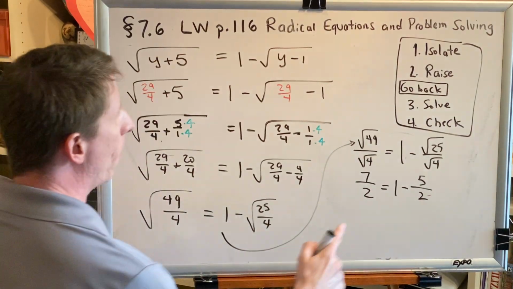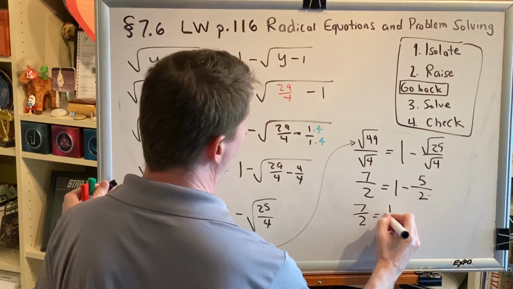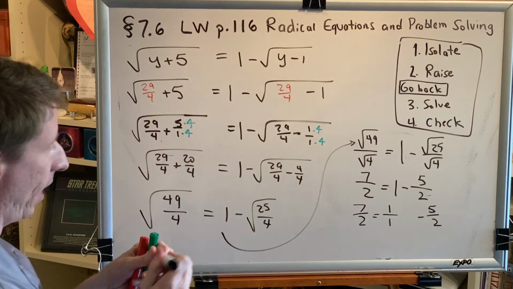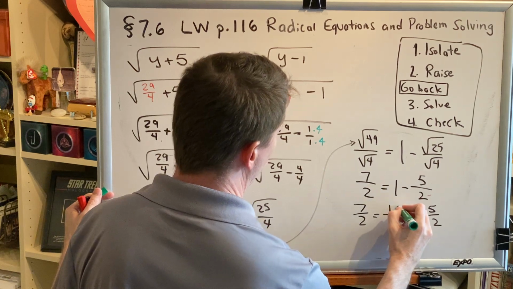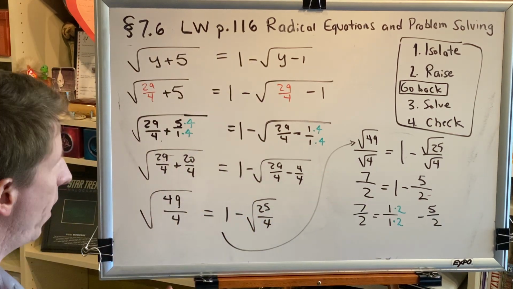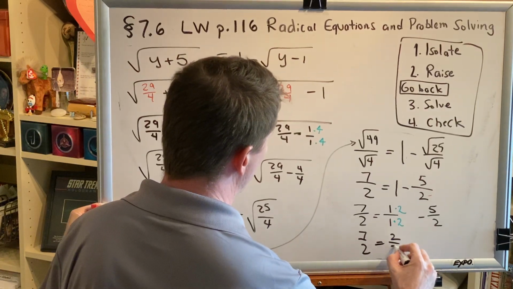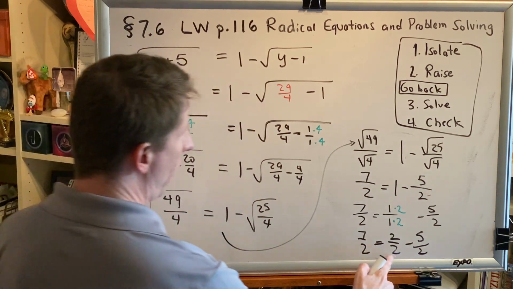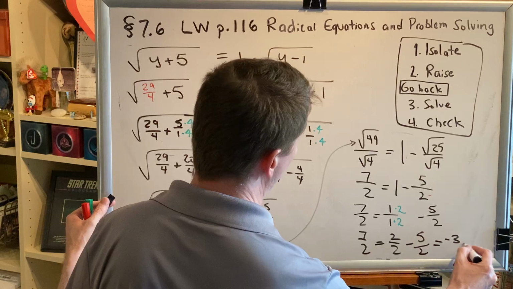All right, I need to combine this whole number and this fraction. I'll use the same method that I did before. I'll write 1 as 1 over 1 and get a common denominator, which will be 2. So then I get the statement 7 halves equals 2 halves minus 5 halves. And when I subtract these, 2 halves minus 5 halves equals negative 3 halves.